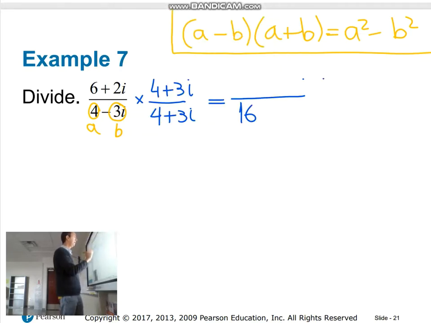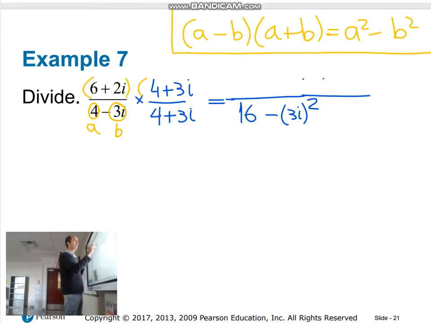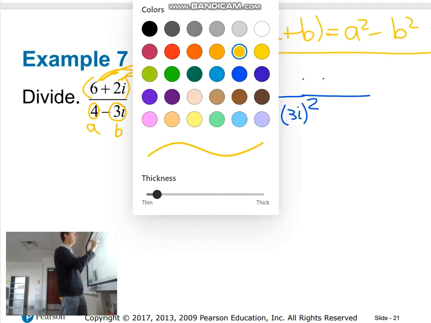We will write here a squared minus b squared, which is 3i squared. Okay? And on the top, you will multiply. You have to apply the distributive property, and a good way to do this properly is to apply the FOIL method.